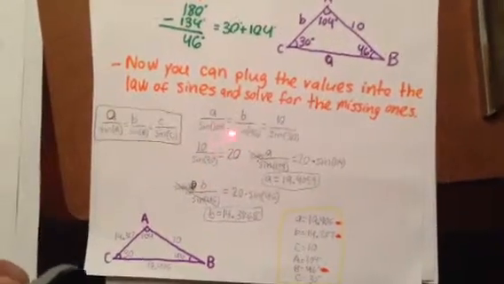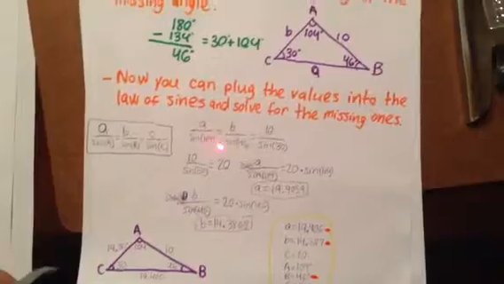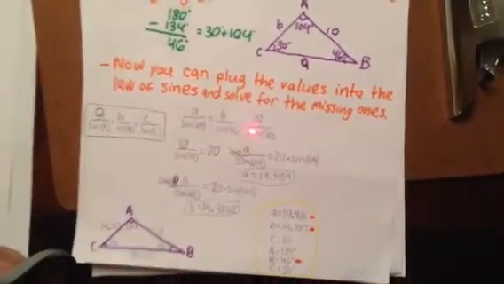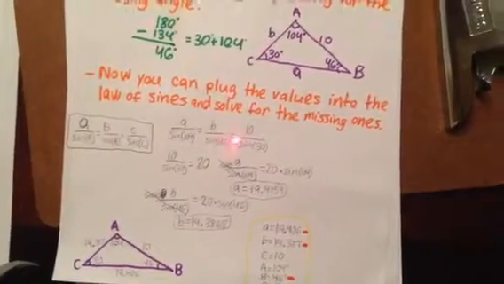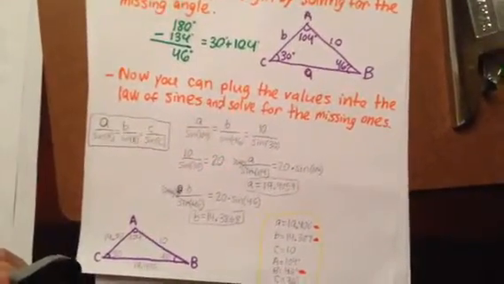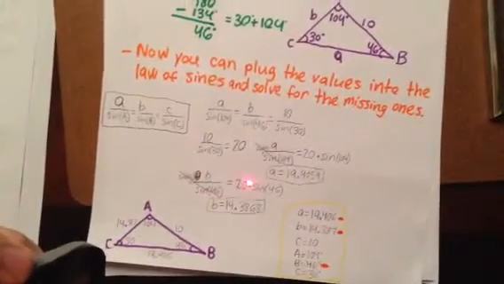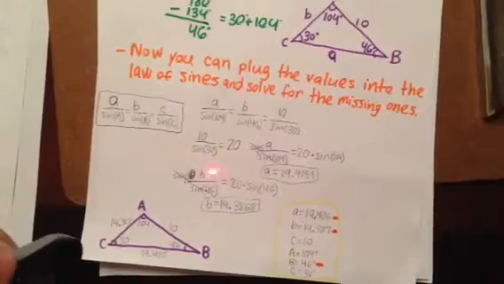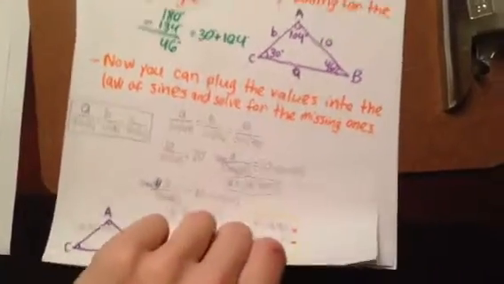The 10 and the sine of 30 were both without variables, so I found those first and made that my constant value. Then I solved for A and solved for B by setting them equal to that constant value. So that is angle-angle-side.